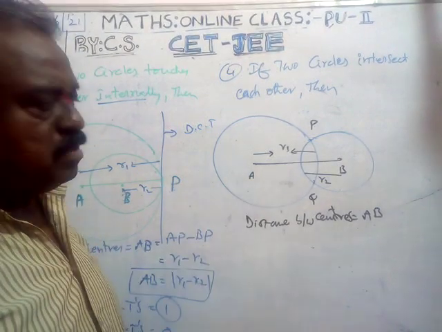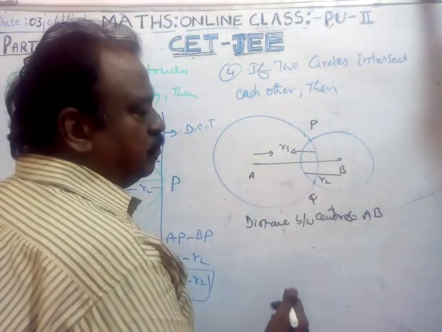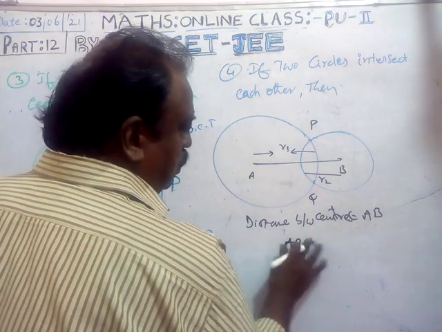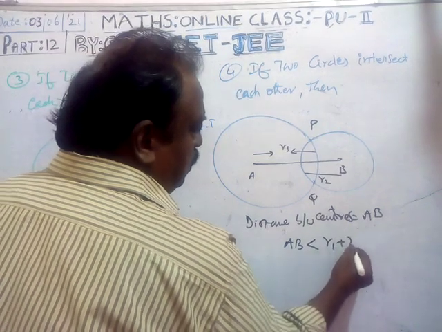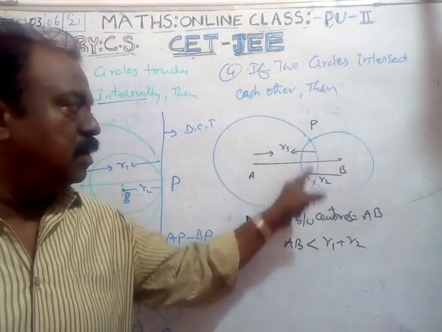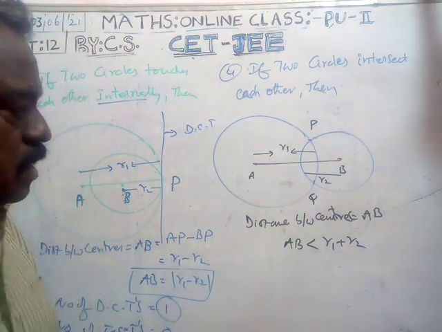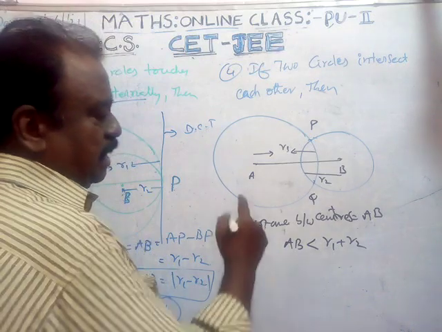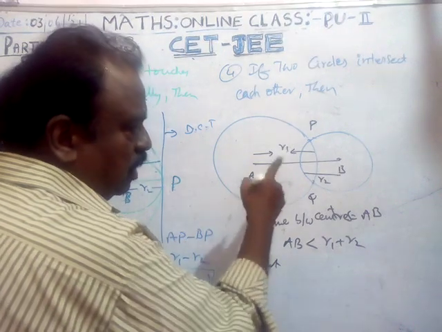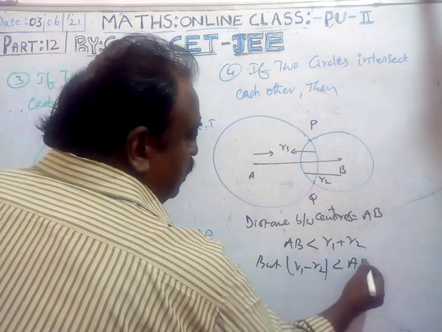But no doubt, AB is less than R1 plus R2, and you can observe from the diagram that the modulus of R1 minus R2 is less than AB.